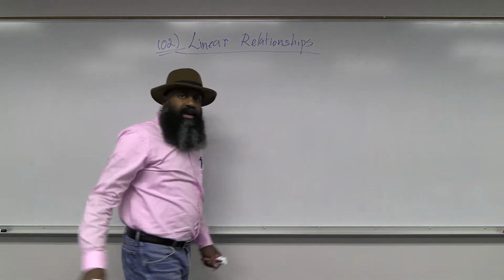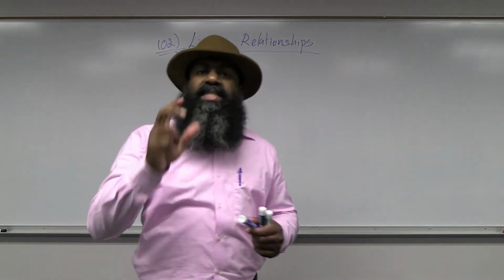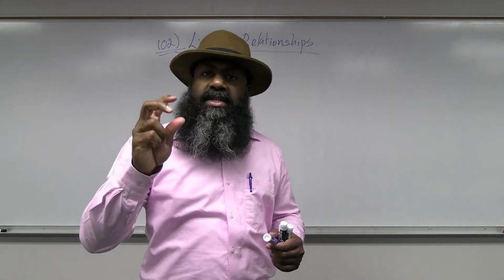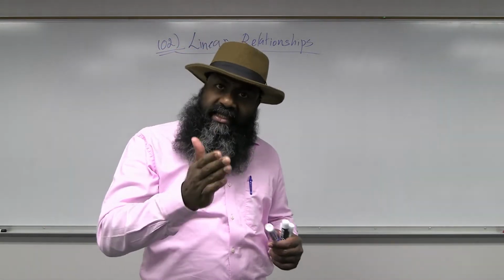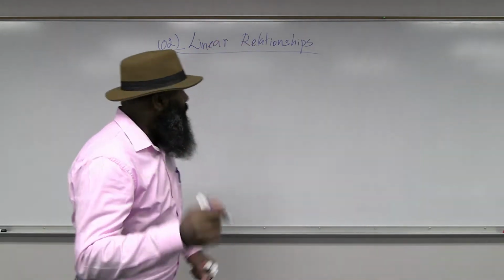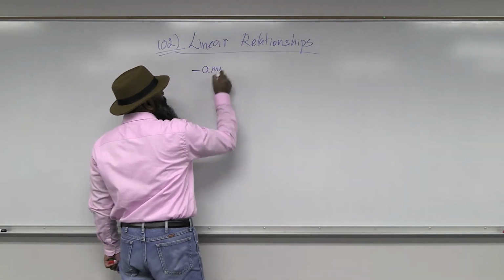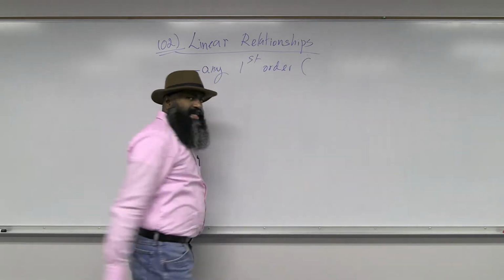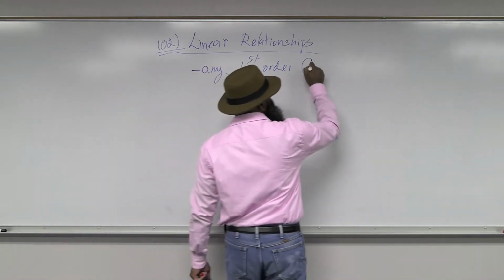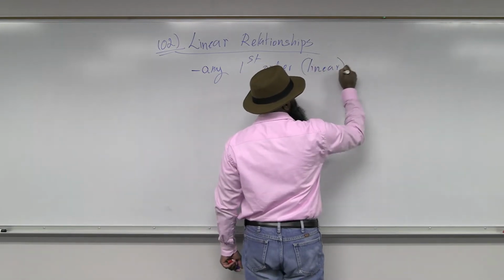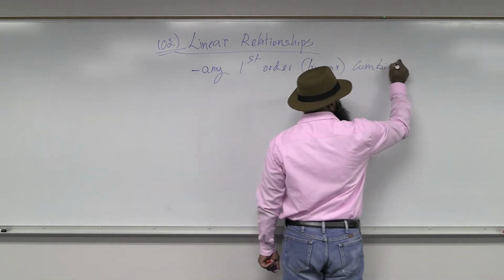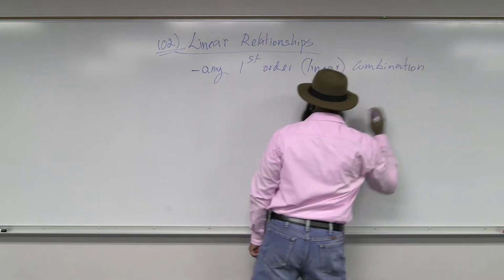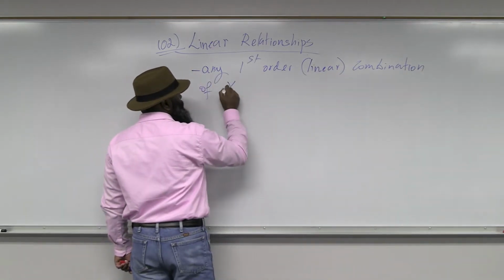Linear relationships are defined as any first order linear combinations of the 2 variables x and y. Any first order. First order means linear. Combination of x and y.